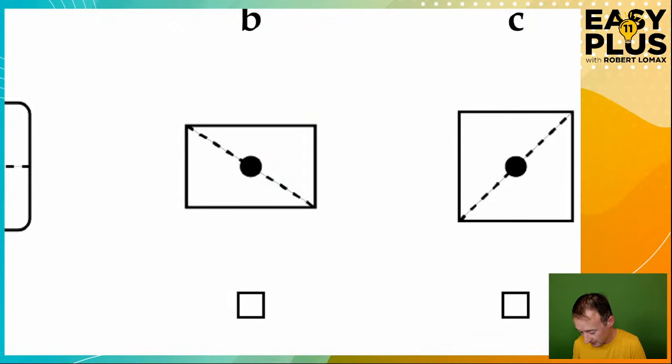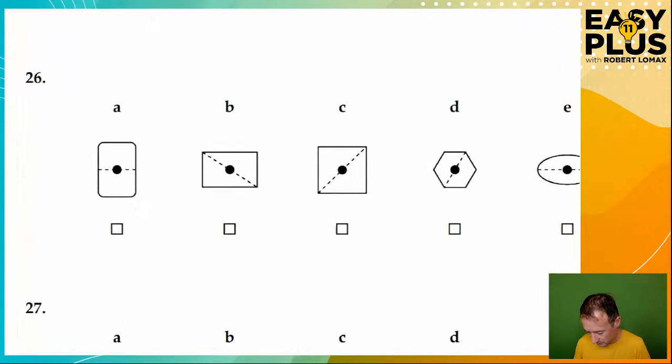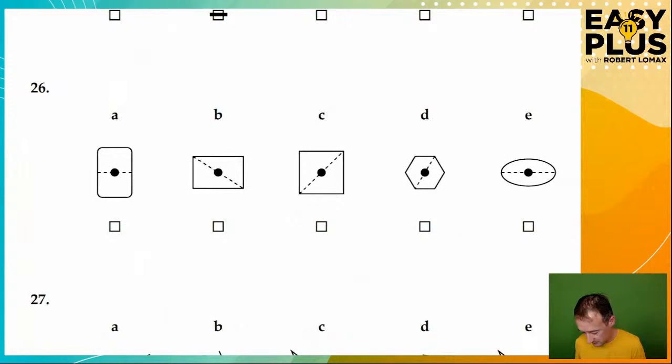In fact, if you take a diagonal line across a rectangle and make it a line of symmetry, what you get is a kite like that and a kite like that, giving us another skewed rectangle. So B is the one that doesn't work, because this is not a line of symmetry.